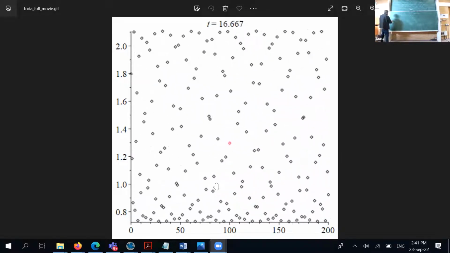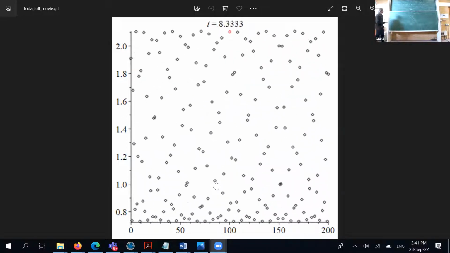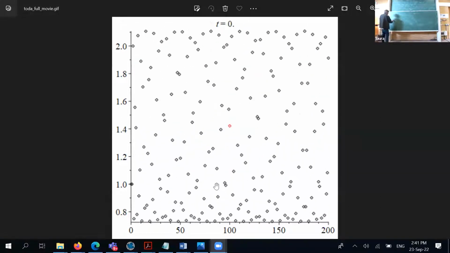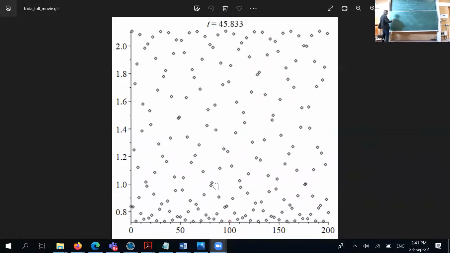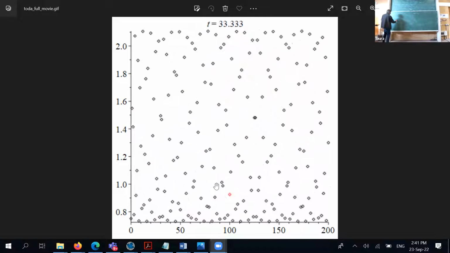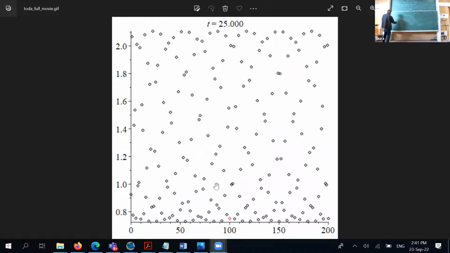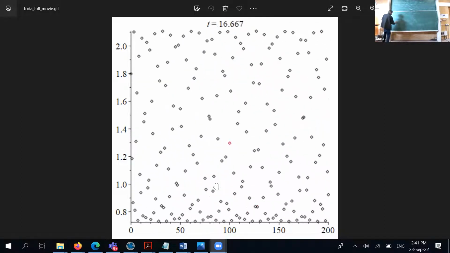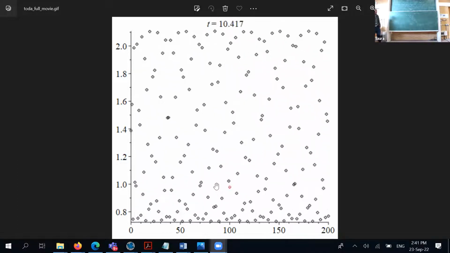So in fact, if you do the calculation, A0 is 2x plus V0 divided by U0.